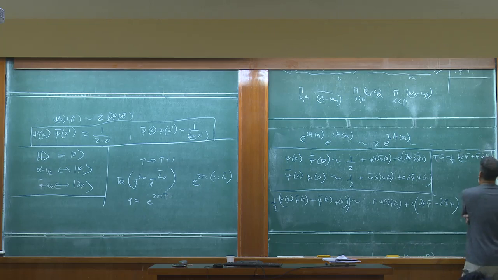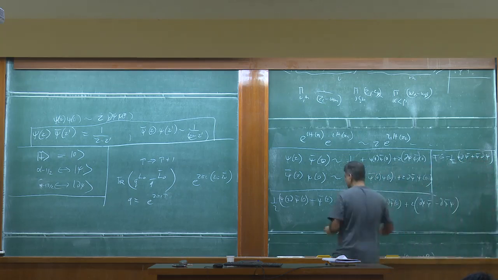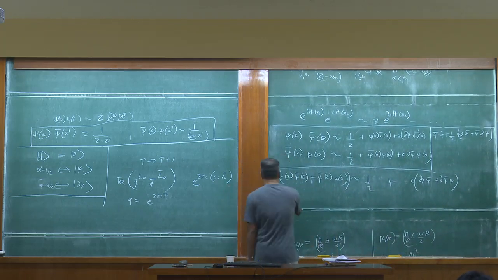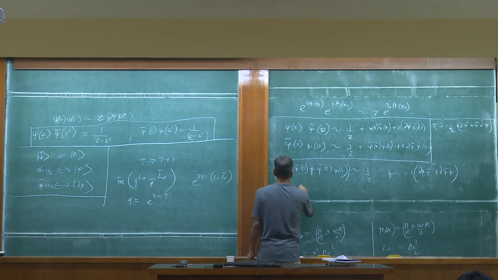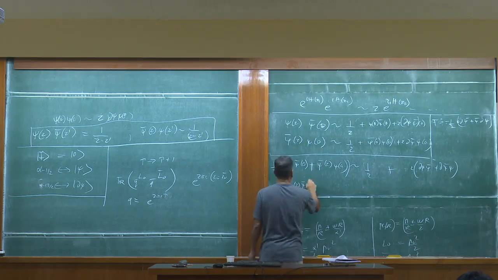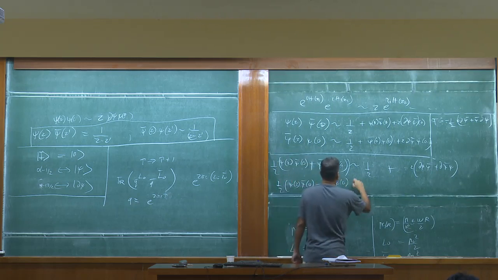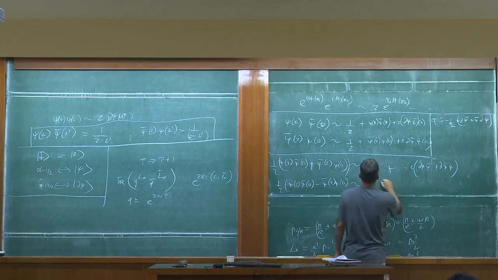It has to be clearly symmetrical. Okay, I think you're right. So if I take plus, I will keep one term, 1 by z plus this. And I'll also work it out for minus, because I also want to compare the currents. Psi bar of z, psi of z, psi bar of 0, minus psi bar of z, psi of 0, goes like just order 1, psi of 0, psi bar of 0.